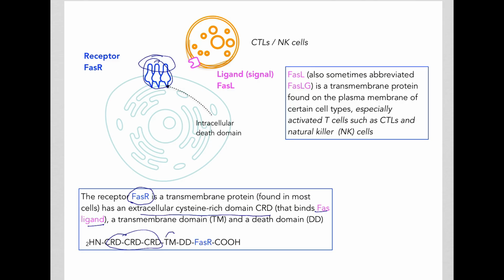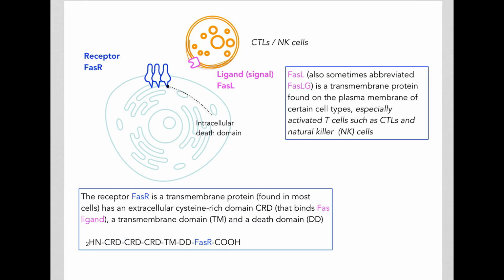Then it also has a transmembrane domain that allows the receptor to be embedded in the plasma membrane. And it has an intracellular DD domain, a death domain. So this is basically what this receptor is. It has an extracellular, transmembrane, and an intracellular component.